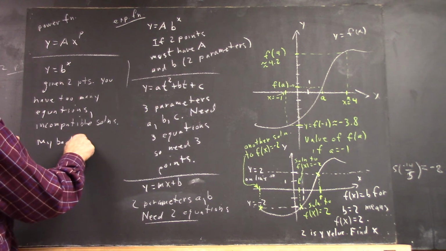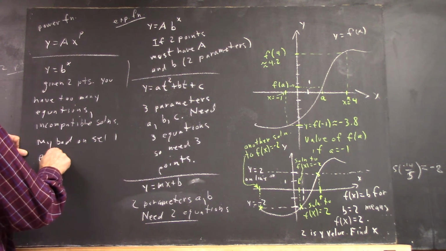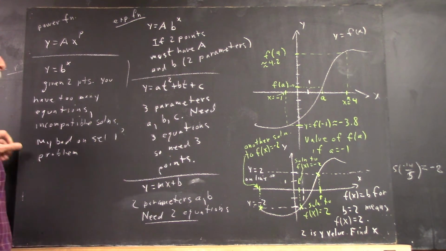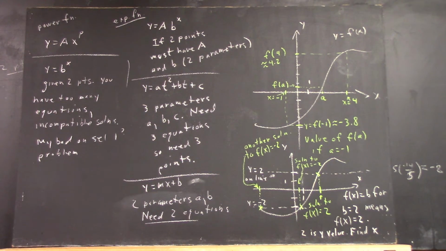My bad on that problem. It was number 1, because I just said b to the x. I'll blame it on the program, but I wrote the program and I put the problem into the program. So I guess really I'm kind of stuck. You got the correction on that paper right there.